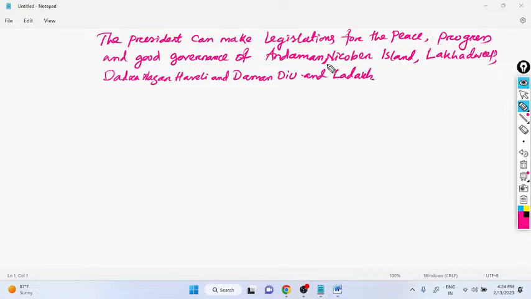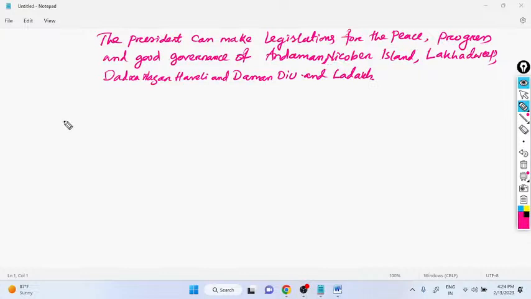The president can also make legislation for Puducherry when the assembly is not in session or assembly is dissolved. A regulation made by the president has the same force of law as an act of parliament.